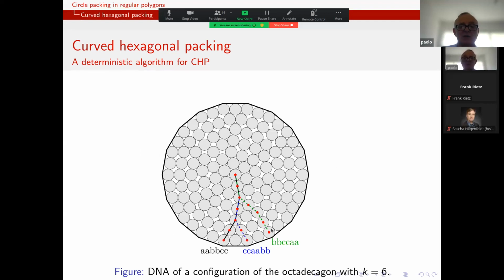In this example, you see a configuration with k equals 6, which is the number of disks going from the border to the center, with the exclusion of the center disk. And you can see that there are 1, 2, 3 occupied vertices in the fundamental region. The fundamental region is this one, a region of angular width pi over 3. So imagine that you make a path from this vertex to the center.